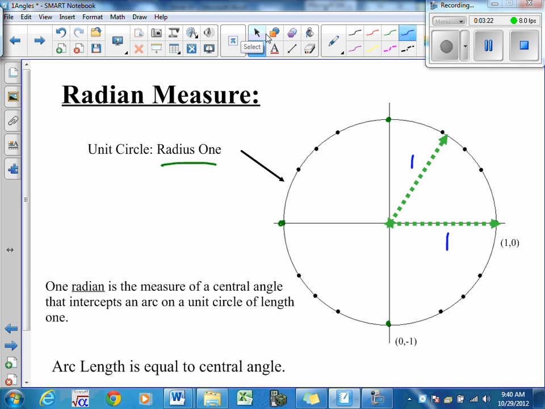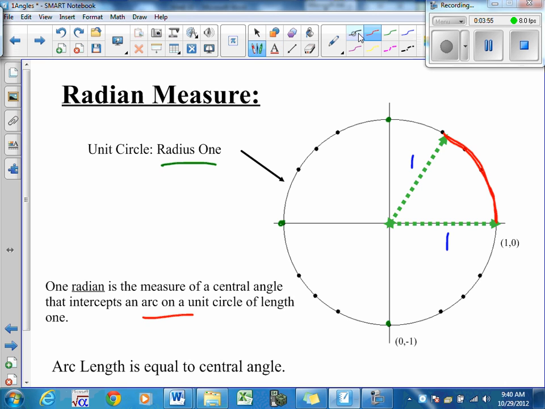Now, what we want to look at is our intersecting arc. What does that mean? Well, between these two radii, we have this arc right here, which I'm drawing in red. And we want to find the length of that arc.